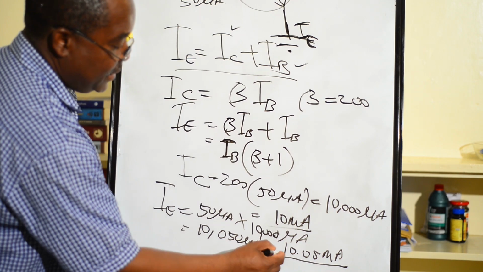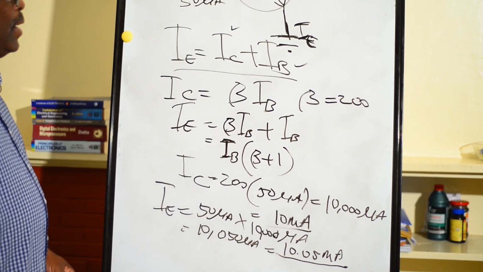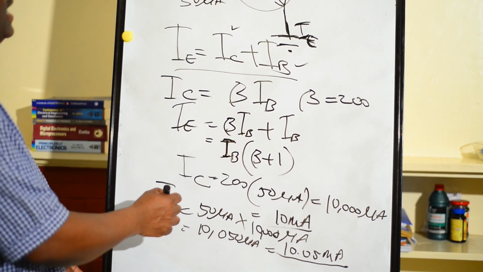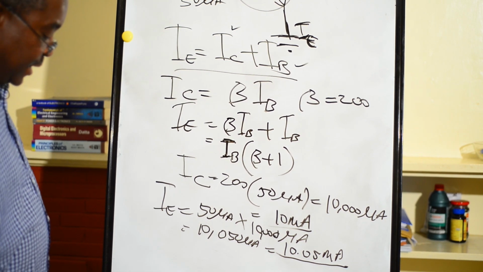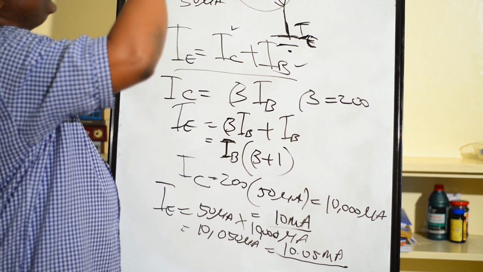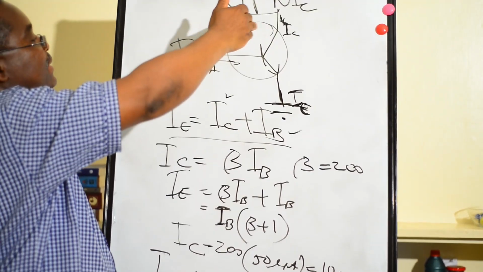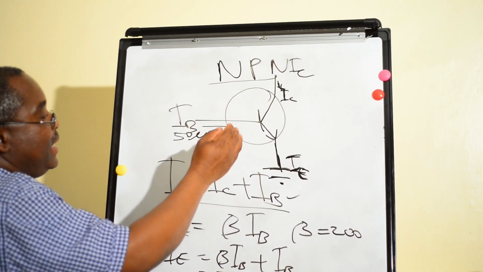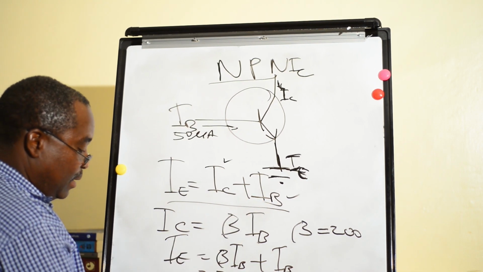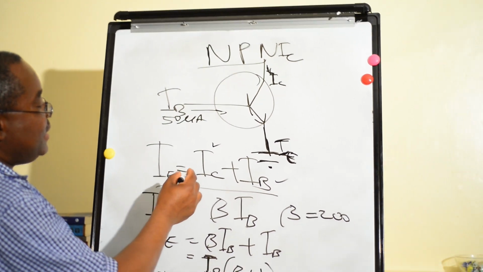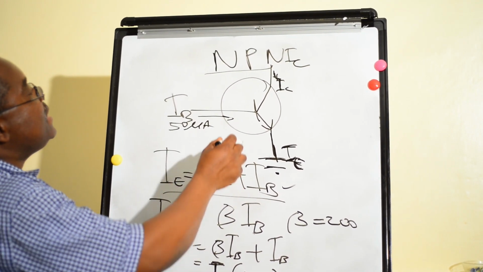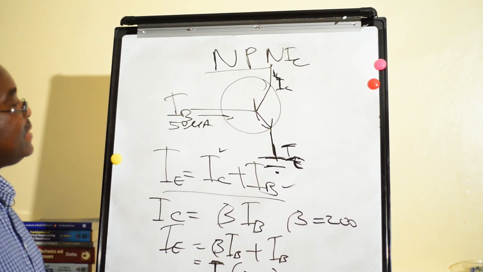This is the IE. So here is a relationship between IC, IB, and IE, and the formula is this one: IE is equal to IC plus IB. This is for an NPN transistor.